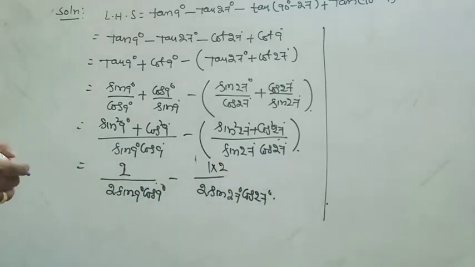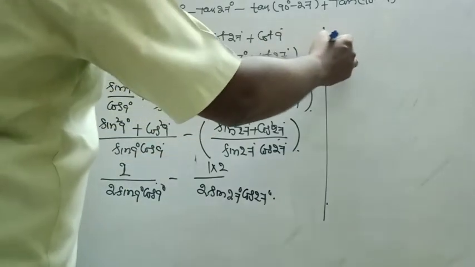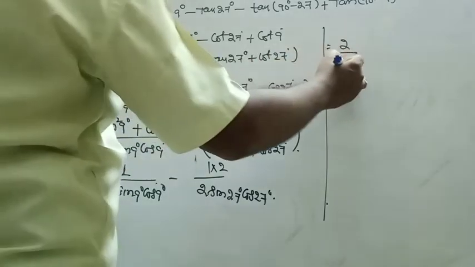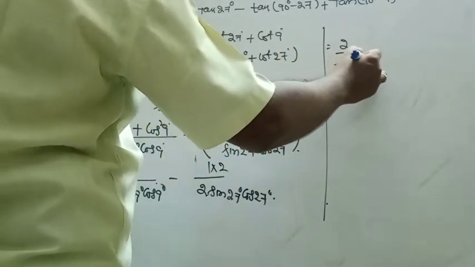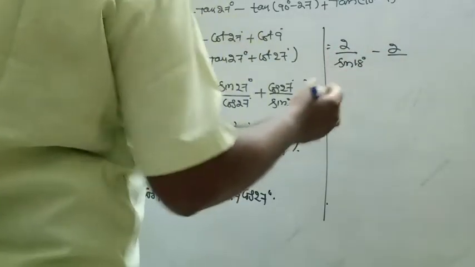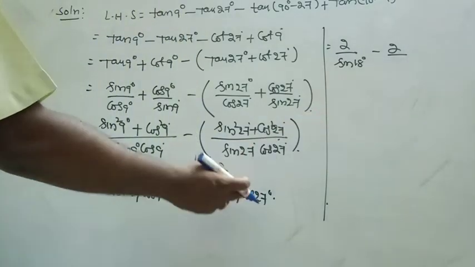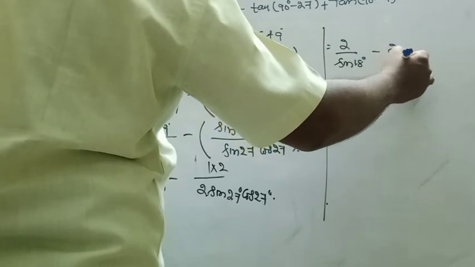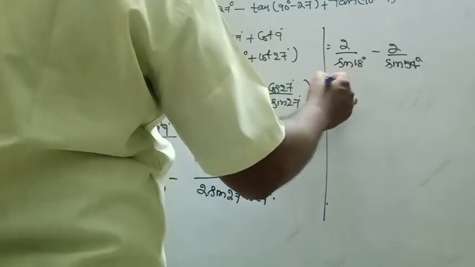Now see, my dear students, we can write it as something like this. This is 2 by 2 sin theta cos theta, which is sin 18 degrees, minus 2 by 2 sin theta cos theta, sin 2 into 27, that is sin 54 degrees.